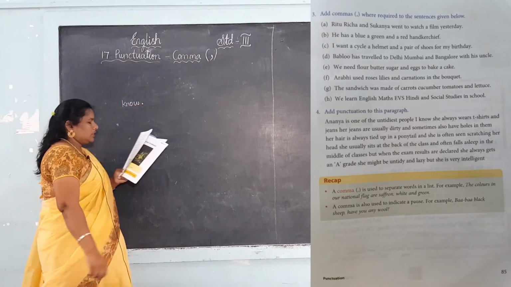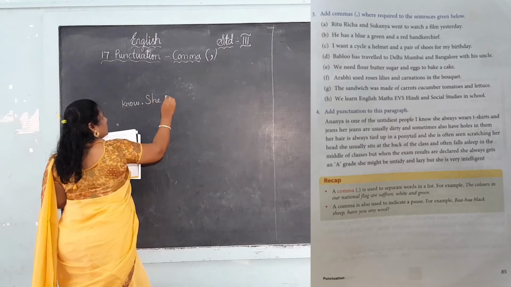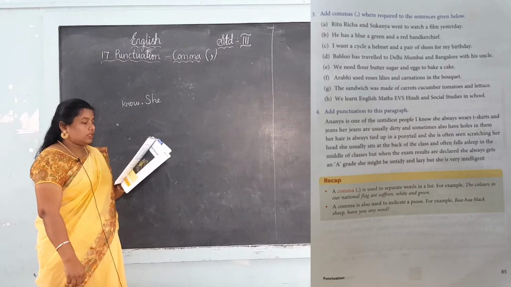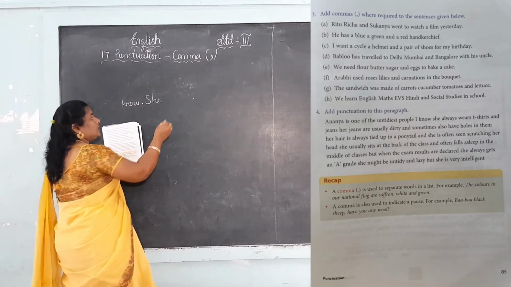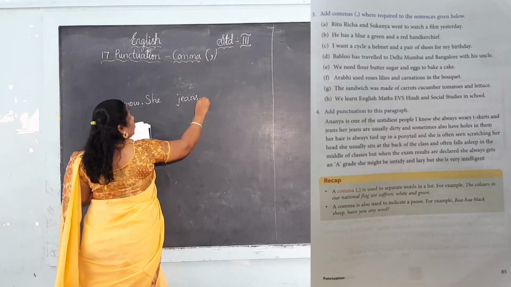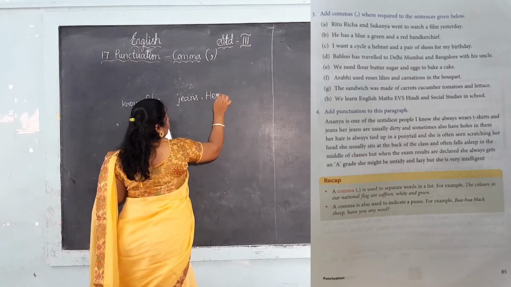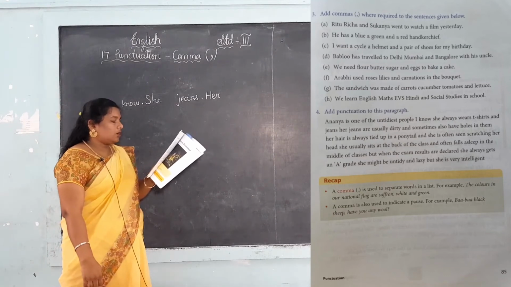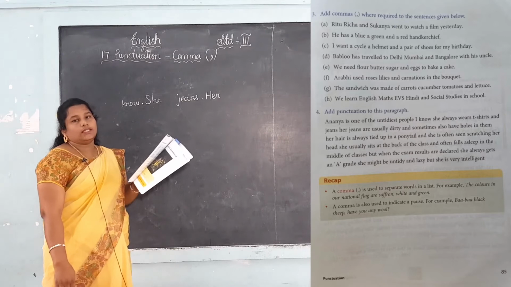Okay, next one. After the full stop, we should start with capital letters. So, capital. See, she always wears t-shirt and jeans. After the jeans, you want to put full stop because one sentence is over. So, then starting means we want to use capital letter. Her, H should be in capital. Her jeans are usually dirty and sometimes also have holes in them.